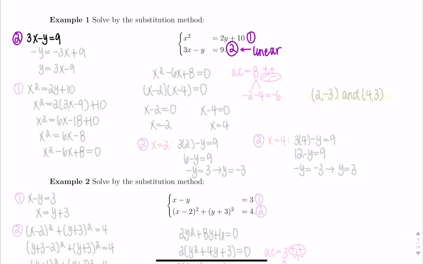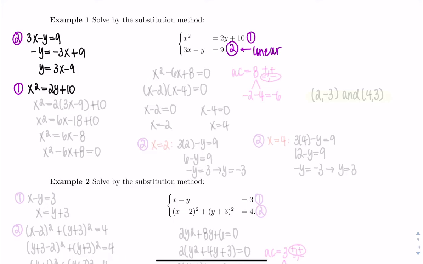I'm going to solve for y. So we have negative y equals negative 3x plus 9, so y equals 3x minus 9. Since it's solved for a single variable, we can plug into the other equation, which is equation 1: x squared equals 2y plus 10.